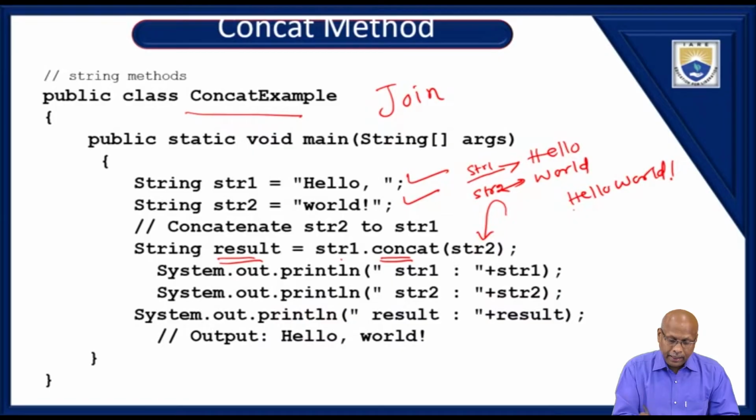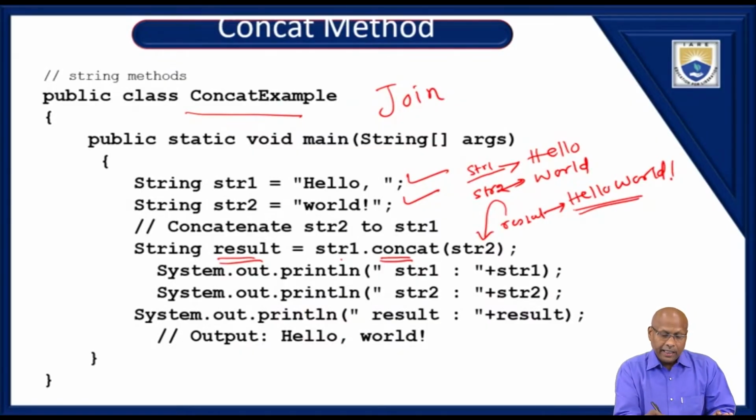That will be referred to by result. So my result will be referring here. After concatenating, Hello World is stored in a different location. My original string str1 will be as it is, and str2 will be as it is. But when you concatenate str1 with str2, it produces a new result stored in a different location, and that address is pointed to by result.